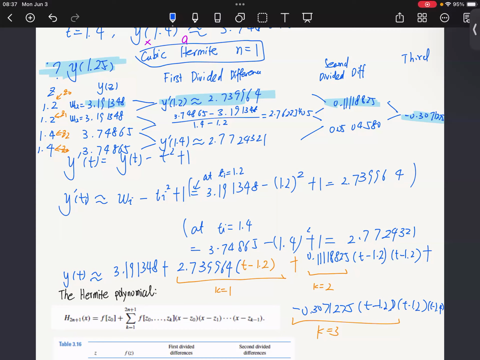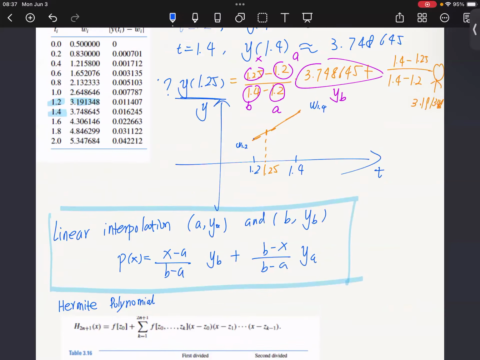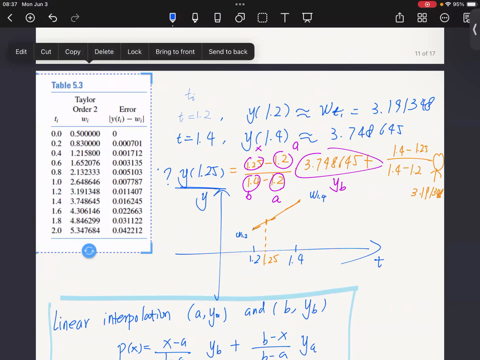This is the first divided difference, second divided difference, and each column corresponds to k equals 1, k equals 2, k equals 3. And this is only for interpolations between t equals 1.2 and t equals 1.4. If you want to interpolate values between 1.4 and 1.6, then you need to rewrite your interpolation polynomial again. Does it make sense? Okay.